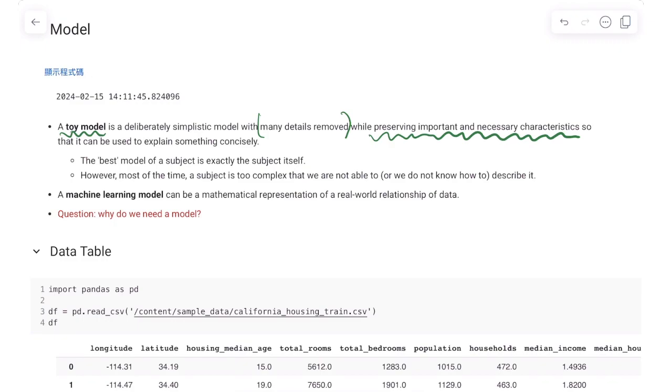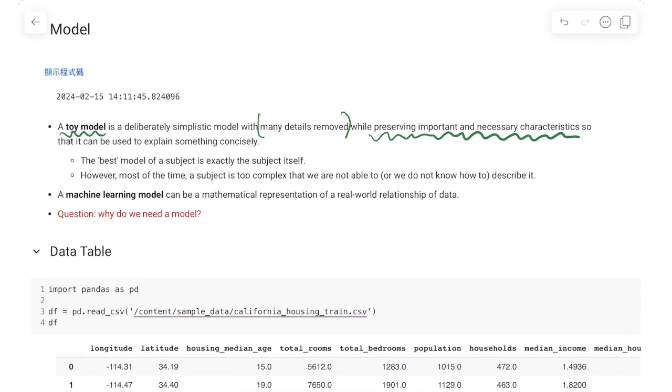There are several different kinds of subjects you can describe. For example, a car, an airplane, a house, or even human beings, for example, a kid in the kindergarten, or malicious software, or attack behavior.